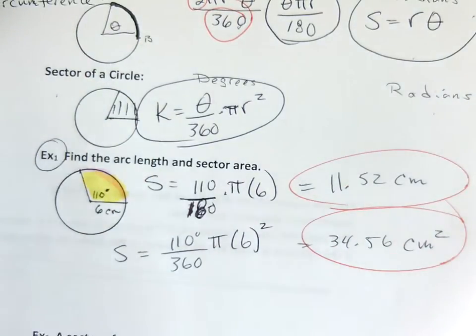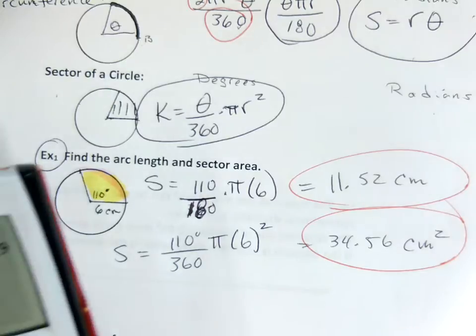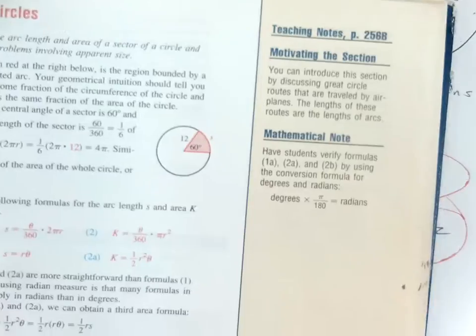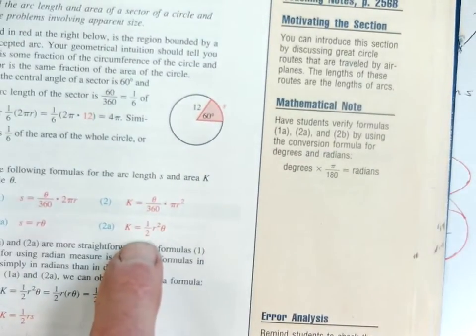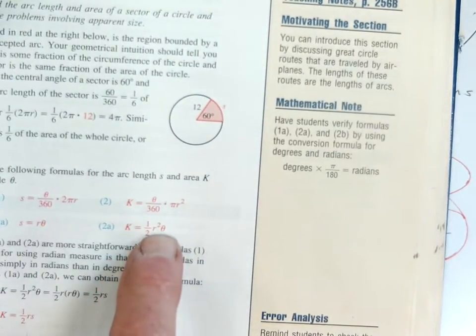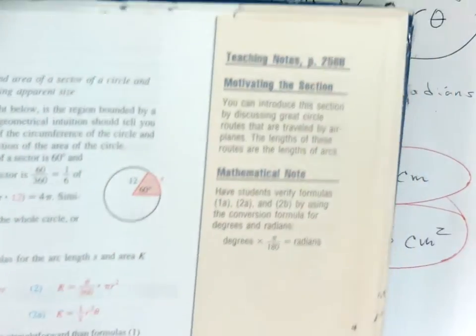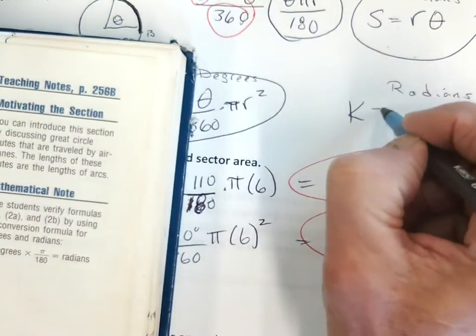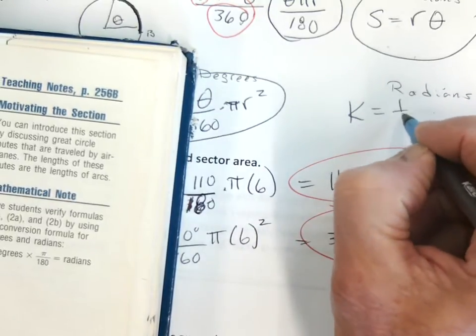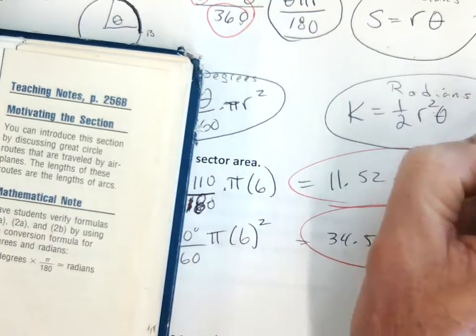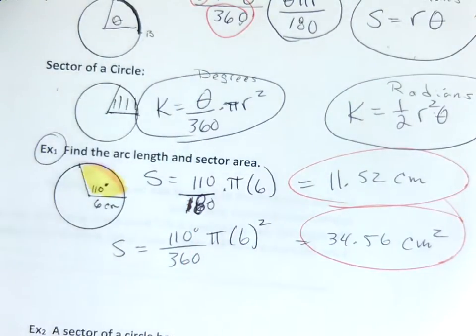Now, if it's in radians, it's so much easier, okay? So the area of a sector in radians is just this: 1/2 r squared theta. Now, that's a pretty simple formula in comparison to the other, right? So the area is K equal to 1/2 r squared theta, okay? So I've got some formulas now, and I can just use them.